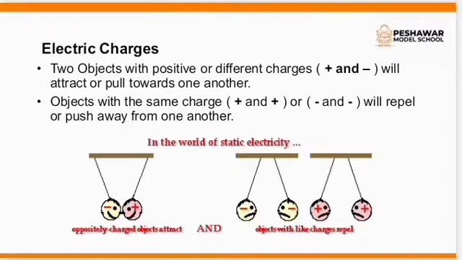Objects with the same charges, either positive and positive or negative and negative, will repel or push away from one another. Look at this picture. Objects with like charges, either positive or negative, will repel or push away from one another. The attraction is very less, right? But different charges, one positive and the other negative, will attract.